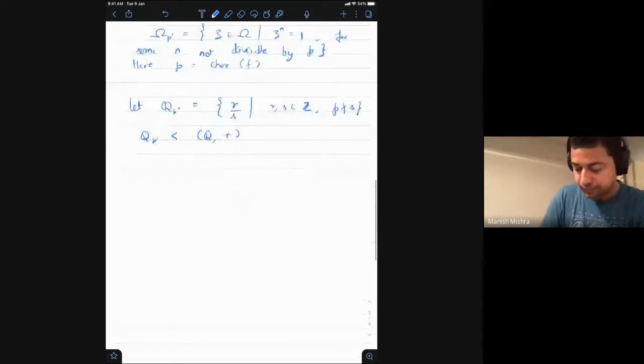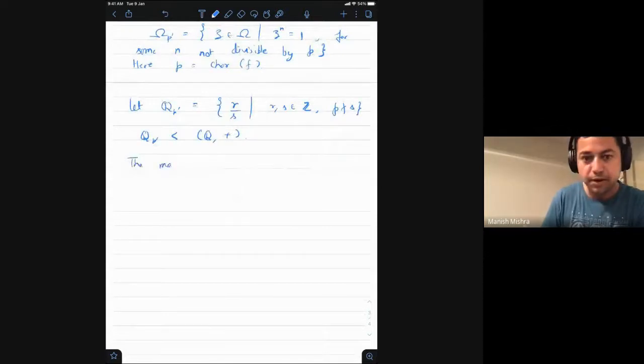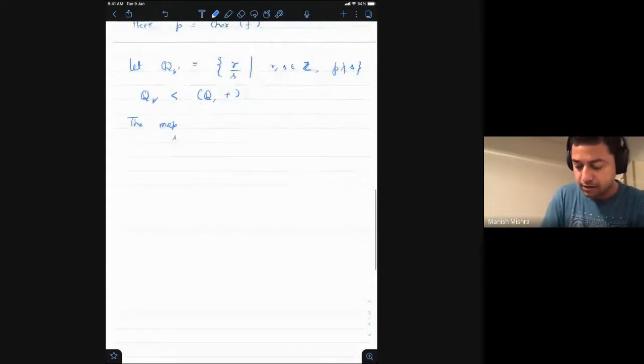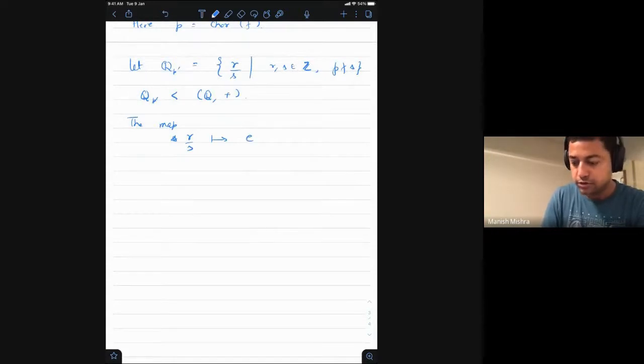And there is a map R by S maps to exponential 2 pi i R by S. And this map induces Q_p prime by Z to omega p prime.